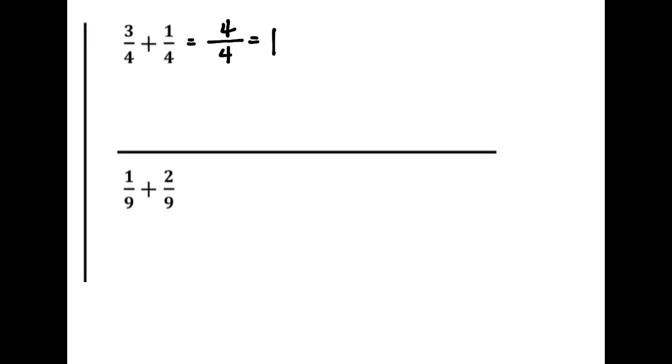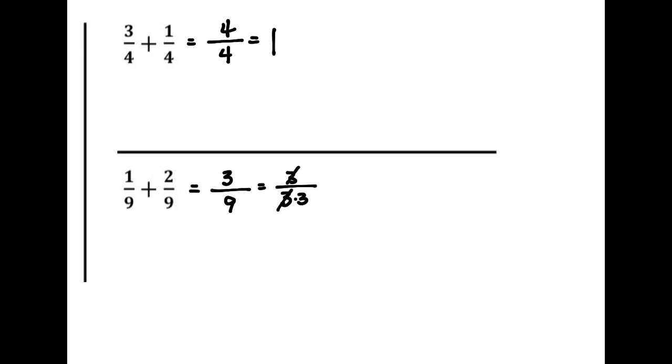Okay, the bottom one. The 9's are going to stay as a 9 in your answer. So now I have 1 of them, add 2 of them for a total of 3 of them. But now 3 and 9 both divide by 3, right? So we're going to go 3 stays on the top. 9 is 3 times 3.